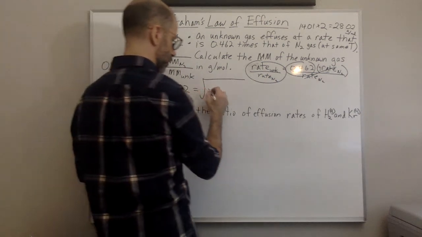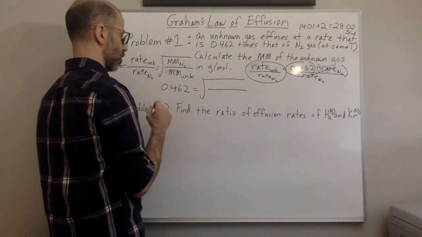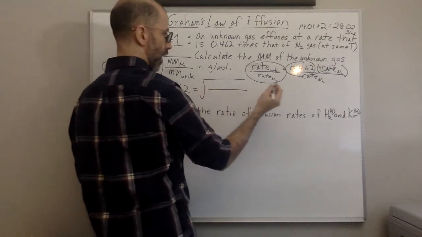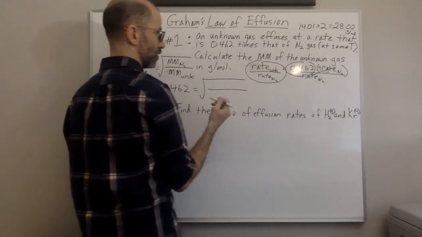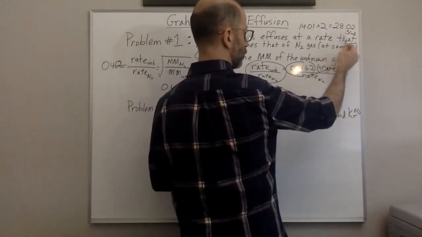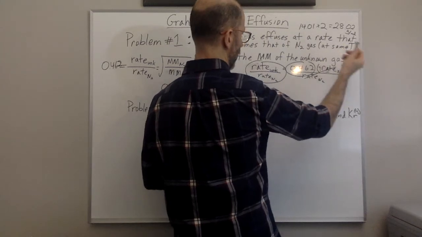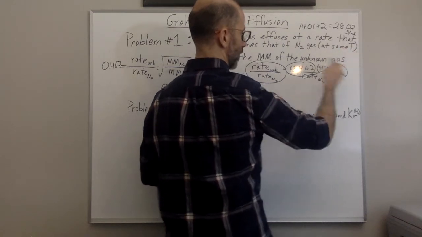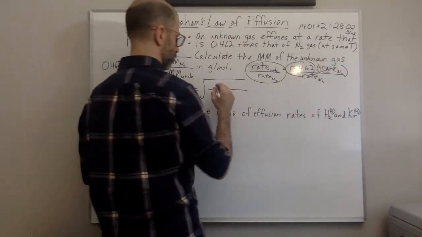Now I can put in the numbers. I can convert to kilograms per mole right now, or I can just plug this in and do it later. I'll just plug it in and do it later.